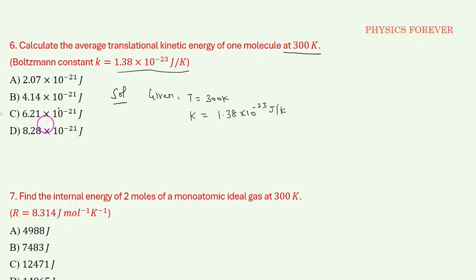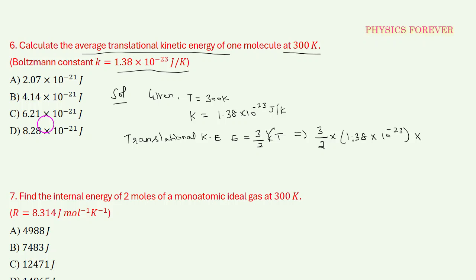So what is the formula for this question? This is important: for the average translational kinetic energy, we use 3/2 kT. Here 3/2 is a constant, k is the Boltzmann constant 1.38 × 10^-23, and the temperature is 300 Kelvin, already given.